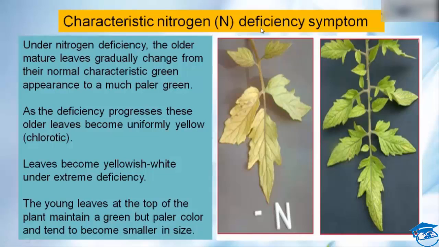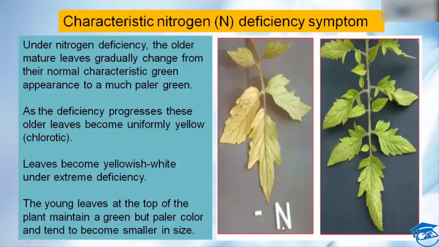So under nitrogen deficiency, older mature leaves gradually change from their normal characteristic green appearance to much paler green. This is the leaf which represents deficiency of nitrogen. Minus N shows deficiency of nitrogen.